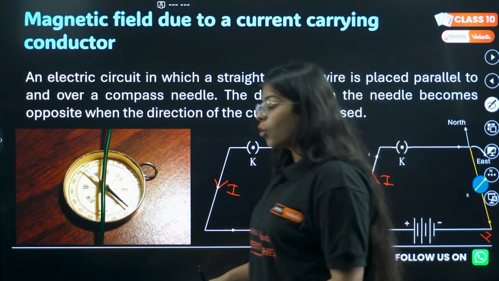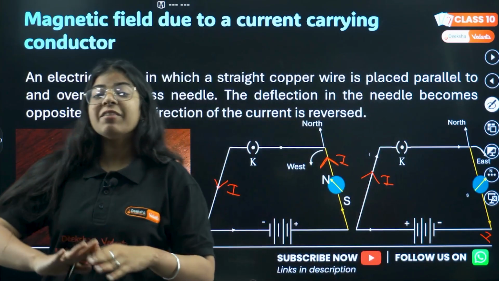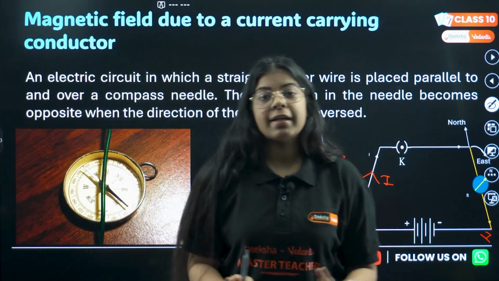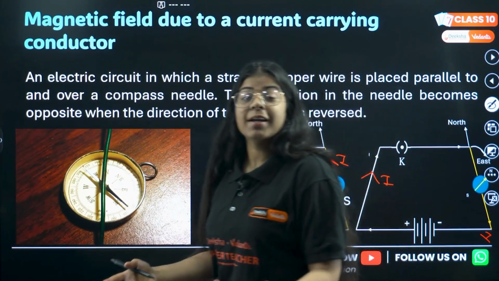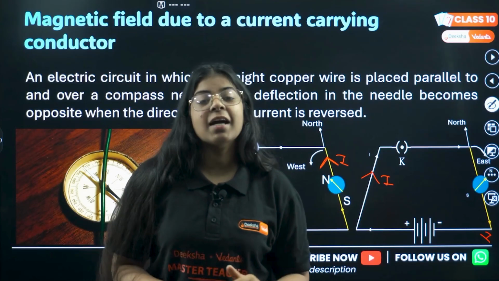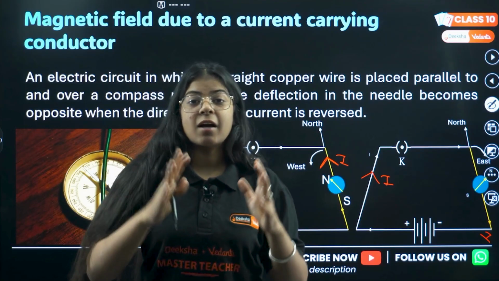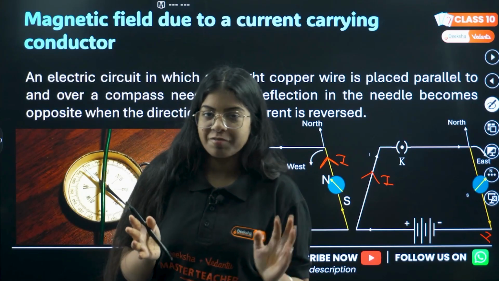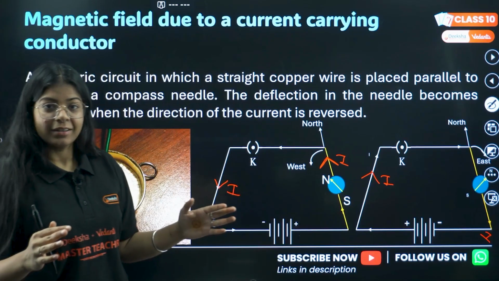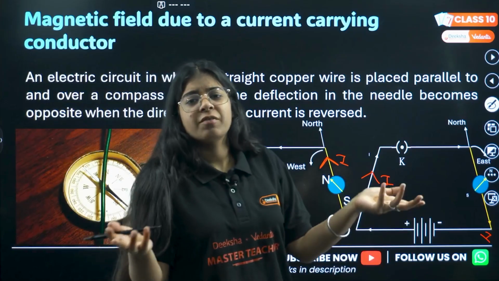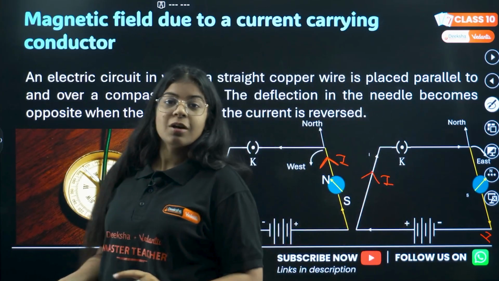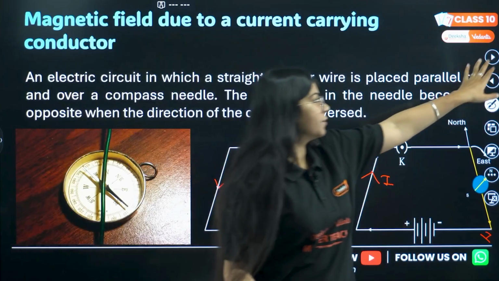So we can not only produce a magnetic field around a current carrying conductor with the help of a current, we can also switch the polarity of our magnetic field. By just changing the direction of current, we can switch the direction of the magnetic field.